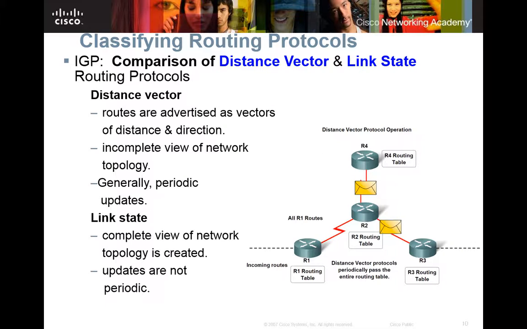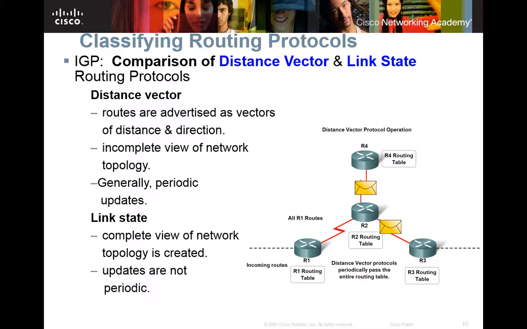Now we have two different types of interior gateway protocols. We have distance vector and we have link state. Distance vector routes give a distance and direction, but it doesn't give you a great view of your network. It generally gives you periodic updates.